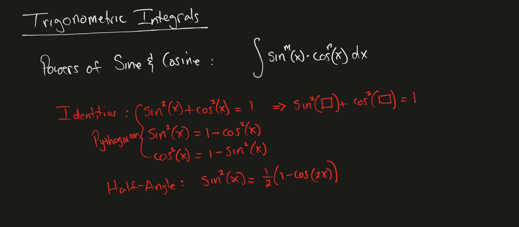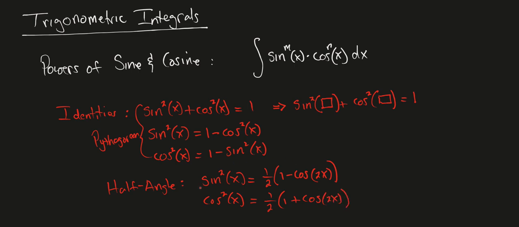So many times the half angle identity is used if you want to replace sine squared x with something that doesn't have a power of 2. And then there's something similar for cosine squared. Hopefully these identities are triggering some memories back to trig. So we have 1/2 of 1 plus cosine of 2x.